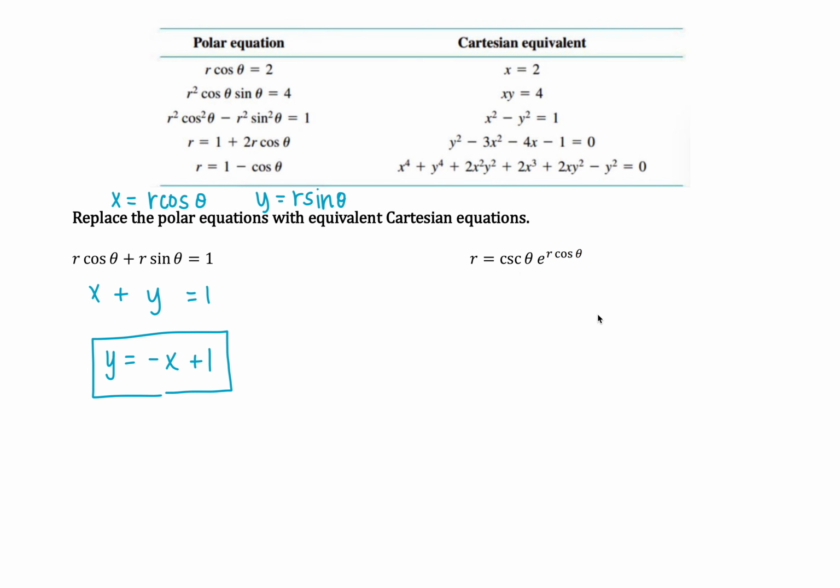The second one, we have r equals cosecant theta e to the r cosine theta. Well, r cosine theta we know is x. But what do we do with this cosecant? Well, if you remember, cosecant is just 1 over sine theta.